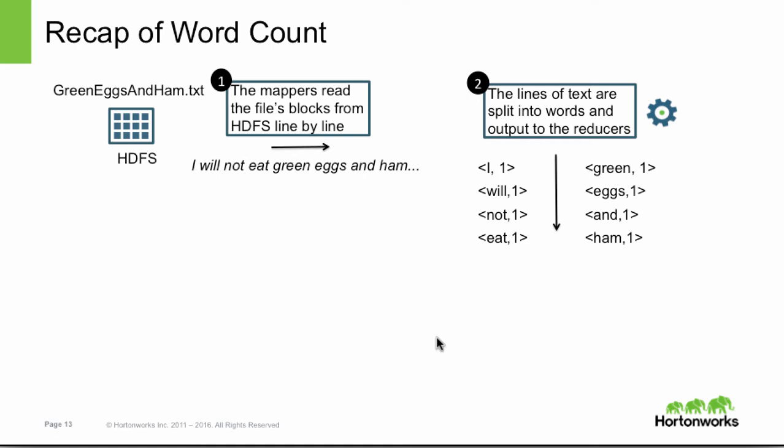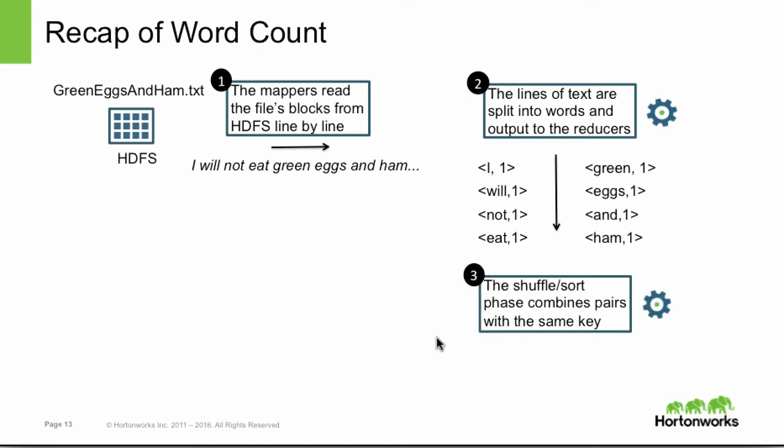So there we go. I will not eat green eggs and ham. Then the framework itself, nothing that you'll write, has a shuffle and sort phase that's going to ultimately put these together such that it can invoke a reducer with a given unique key, and then all the values that were for that unique key.